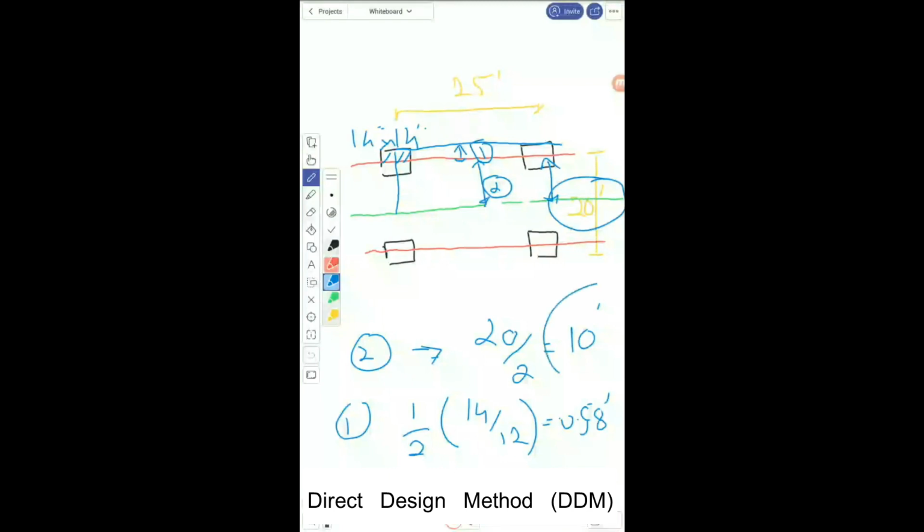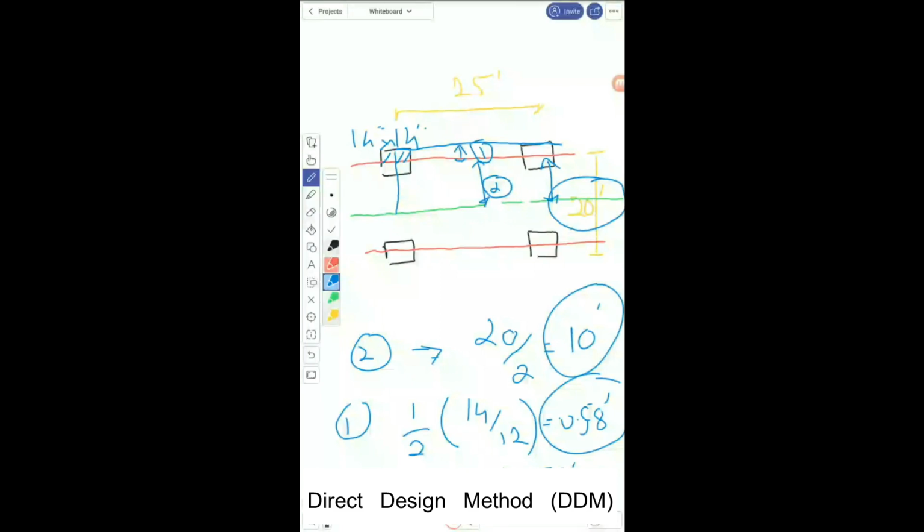So the total dimension will be 10 feet plus 0.58 feet, which equals 10.58 feet. This is the dimension of the exterior rigid frame.